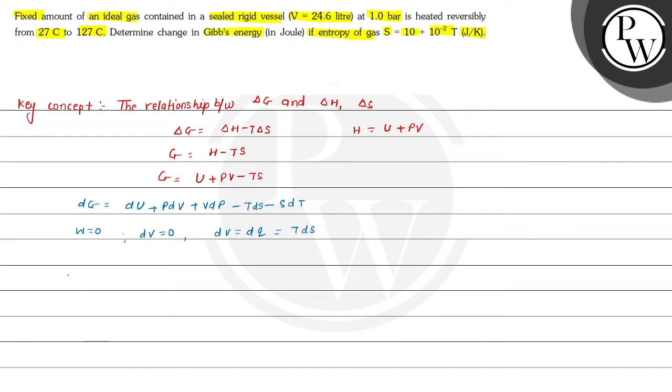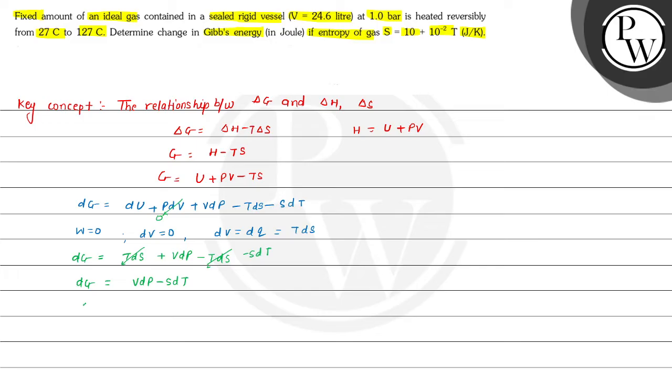So hence we can write dG, the change in Gibbs free energy, is equal to T dS, because this value becomes 0, plus V dP minus T dS minus S dT. So here we can write dG is equal to V dP minus S dT, because this T dS will get cancelled out by this T dS.